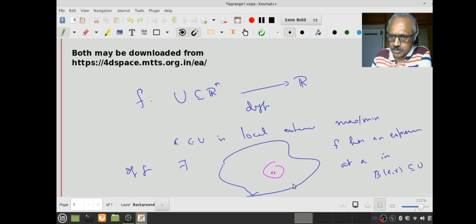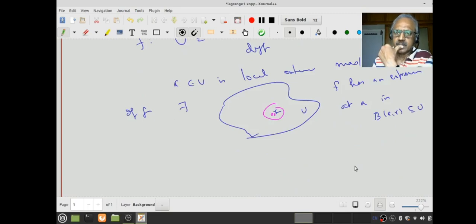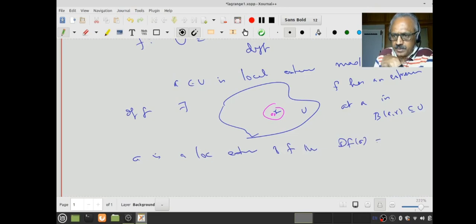Of course, we are assuming the ball is contained in U. Then what we know is, if a is a local extremum of f, then the derivative of f at a is 0. That is, the gradient of f at a is the zero vector, which is the same as saying all the partial derivatives at a are 0. These are all known things.